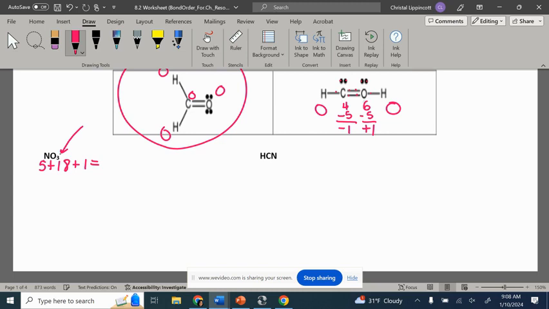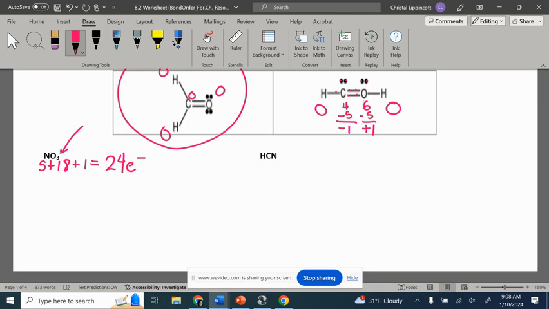So that is going to give us a total of 24 electrons that we're working with. Does that make sense? That minus charge gives you an extra electron because electrons are negatively charged. Okay?